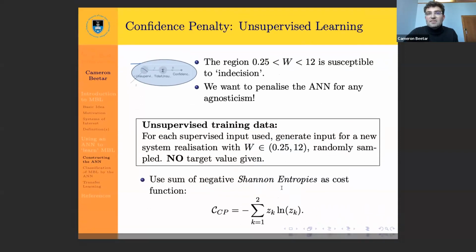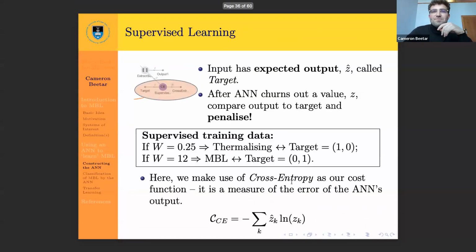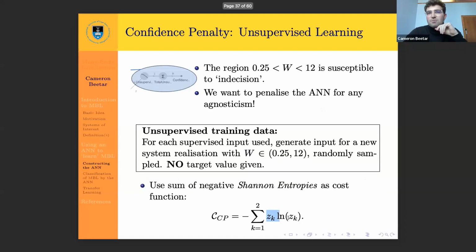Previously for the supervised learning we had the target and the output of the network. In this case, we just have the output of the network involved in the cost function. Again, it'll be minimized for being precise: if you're close to 0 or close to 1, this function is minimal, and obviously 0 at 1 or 0.